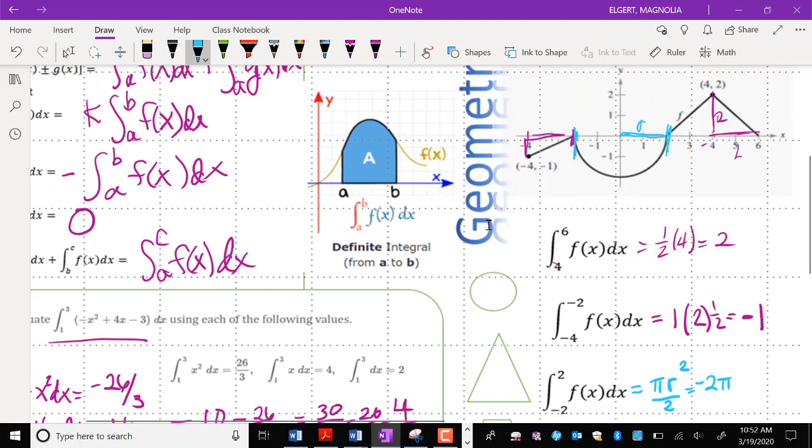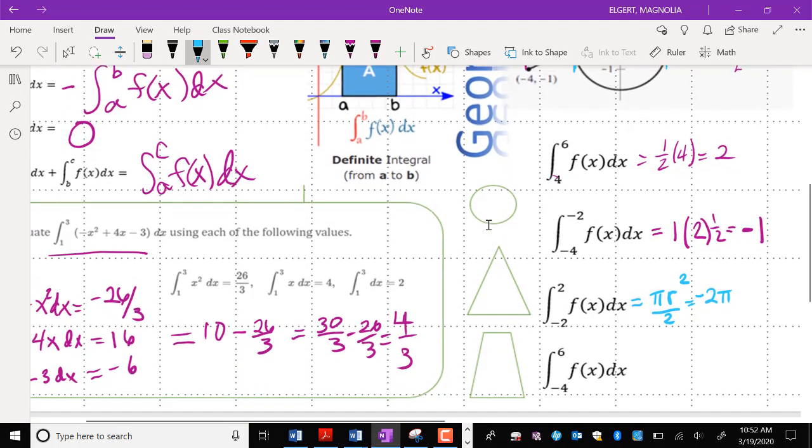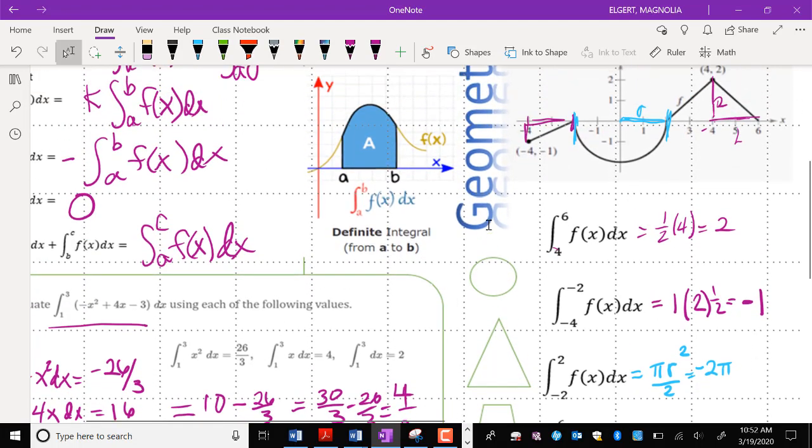Okay, then the last one says from negative 4 all the way to 6. Well, we know that this one was negative 2 pi, and we found out this one was negative 1, so we already have that. We know that this piece is 2. What would this piece equal? Well, it's a 2 by 2 triangle, so 4 divided by 2 is 2.